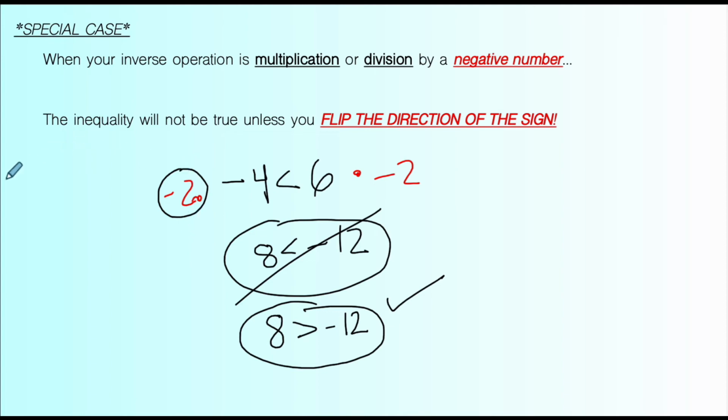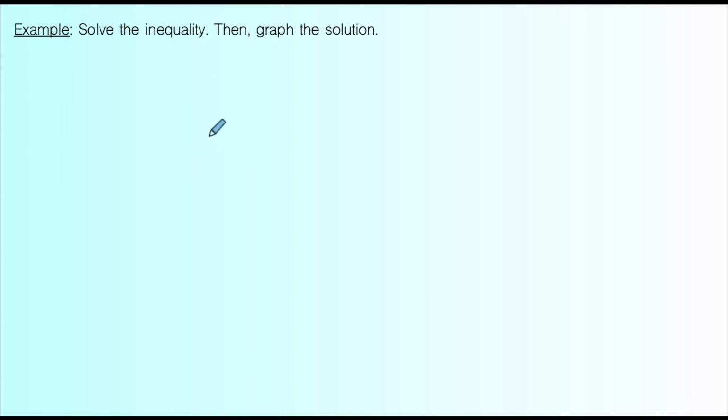And I think what would be helpful is to look at this in practice. So let's do a real problem. Let's say I had an inequality that says negative 3z is greater than negative 4.5. Okay, so my inverse operation here is asking us to divide by negative 3.